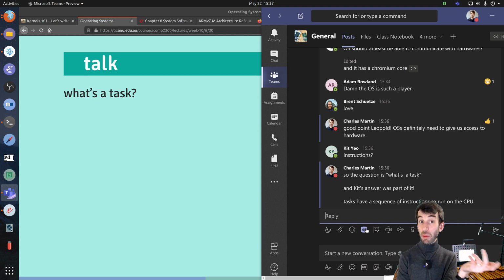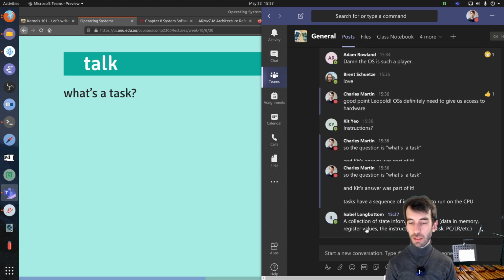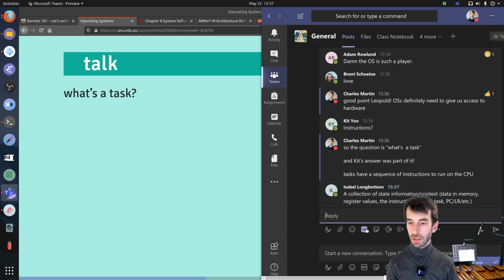Probably also have some memory to access, right? We've got a detailed answer from Isabel, suggesting that maybe this could be not just the instructions, but some kind of collection of state information and context. I think context is a really important word.